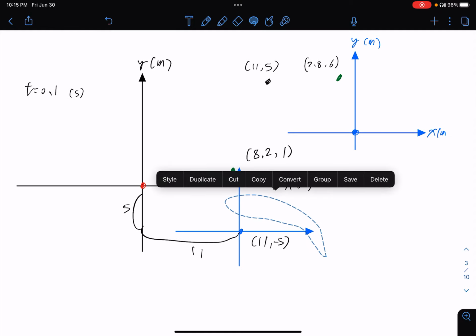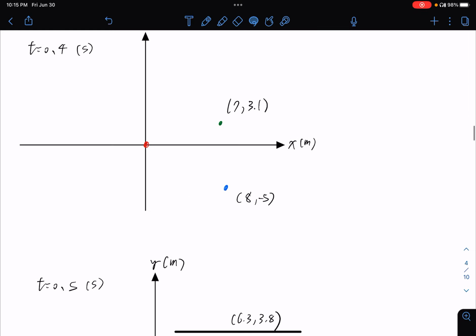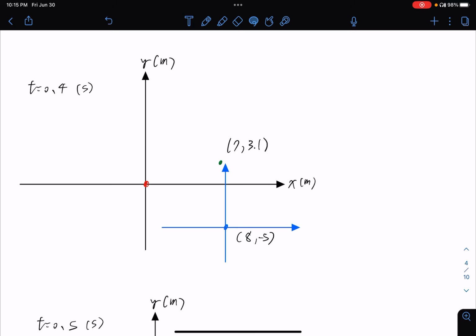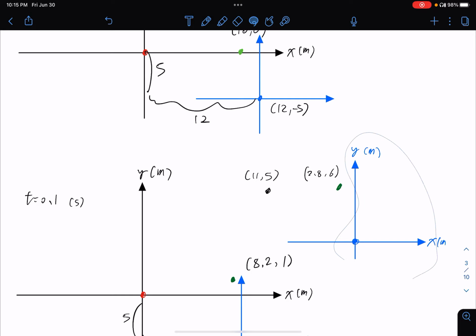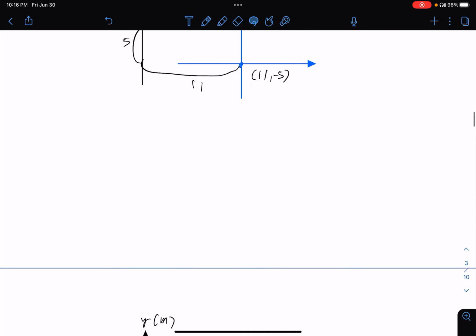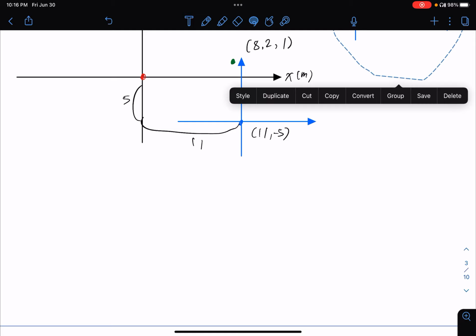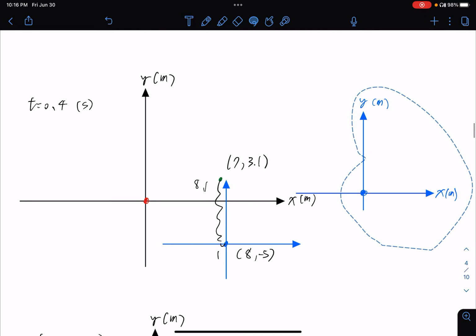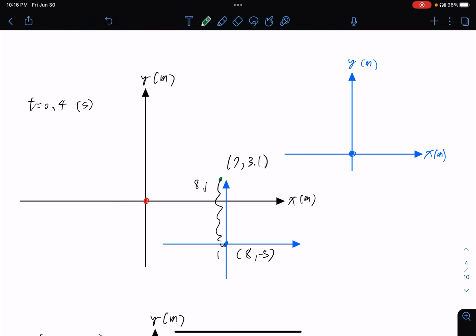Next is here, so the green dot should be 8 to 7 is just 1, minus 5 to 3.1 is 8.1. Oh, I think I missed a parenthesis. Okay, so in the blue dot's frame, the green dot at t equals 0.4 should be up here, and it should be minus 1 and 8.1.